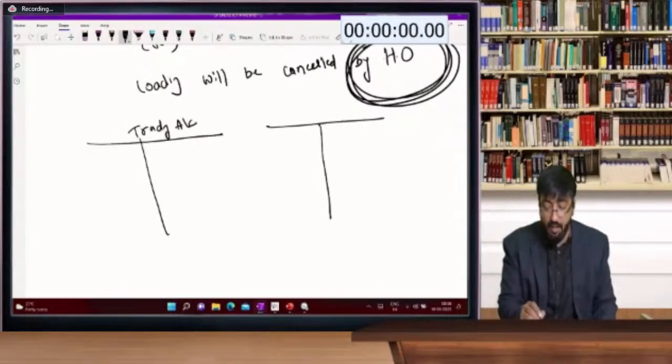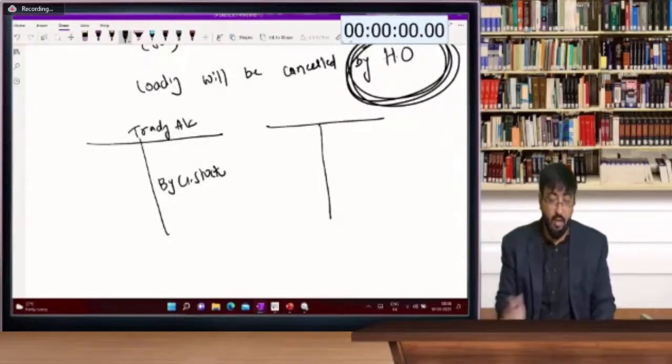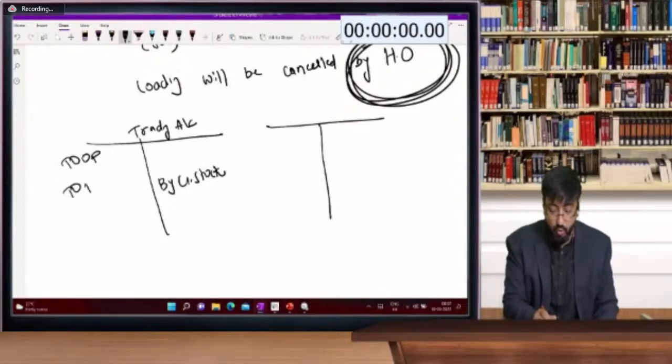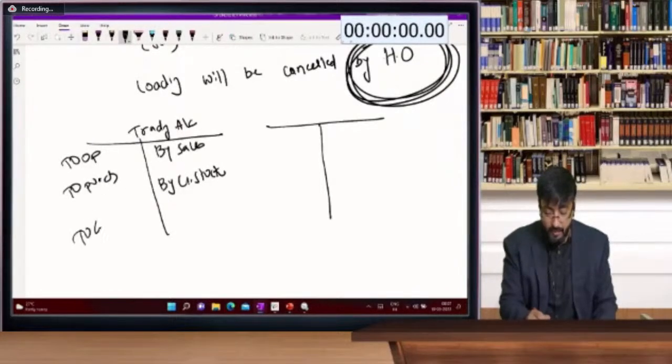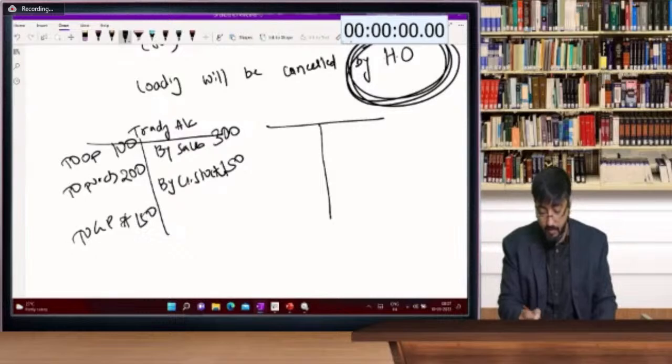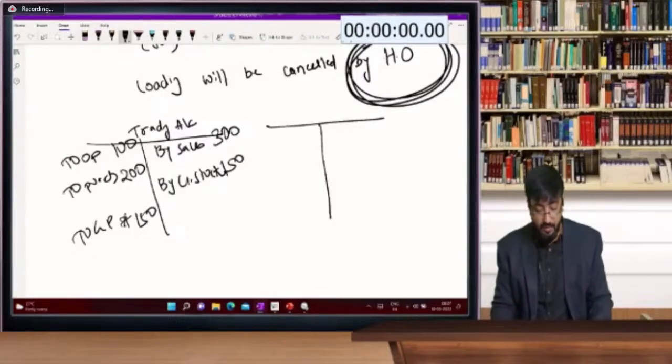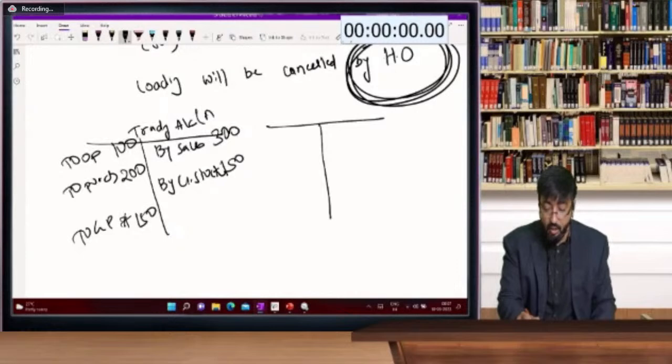If I prepare a trading account, as you are aware, here it is a closing stock. Trading account, how it looks: to opening stock, to purchases, by sales, to GP. Suppose opening stock 100, purchases 200, sales 300, closing stock 50, so GP is 150. This is at cost.